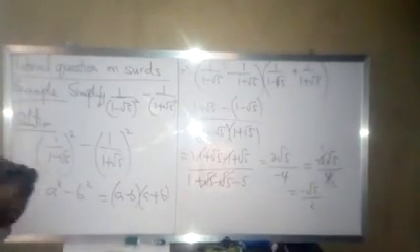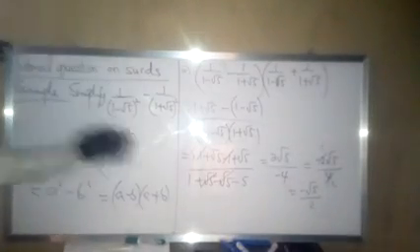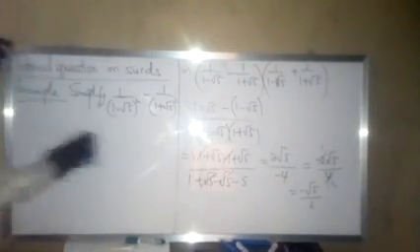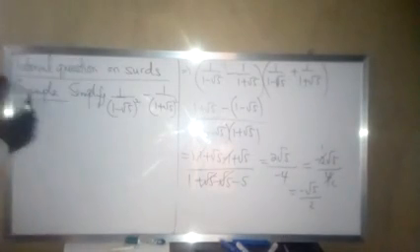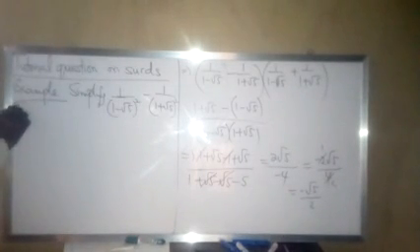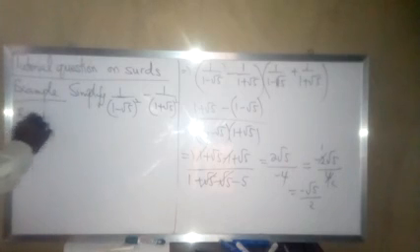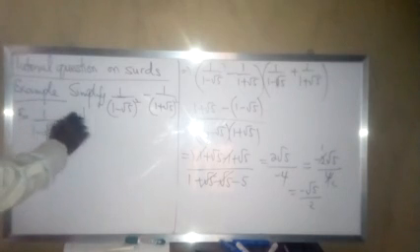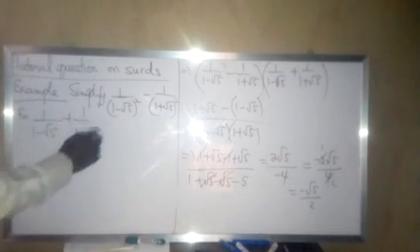Okay, so that is for the left hand side. Now for the other part, 1 over 1 minus root 5 plus 1 over 1 plus root 5. What's the LCM?